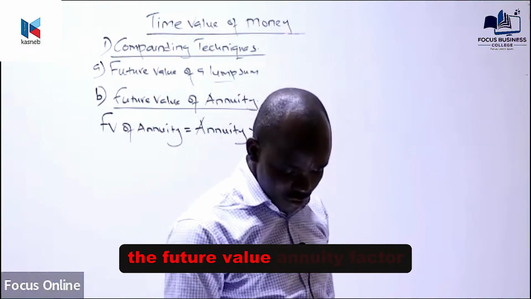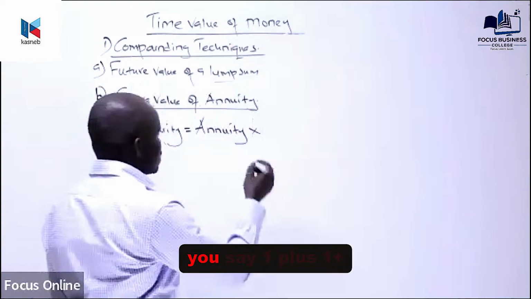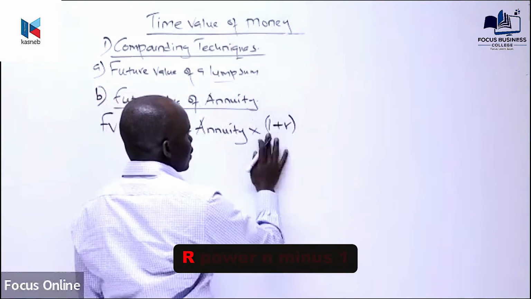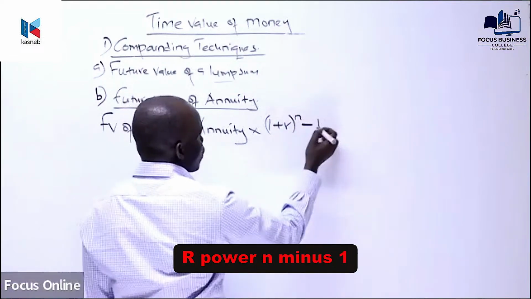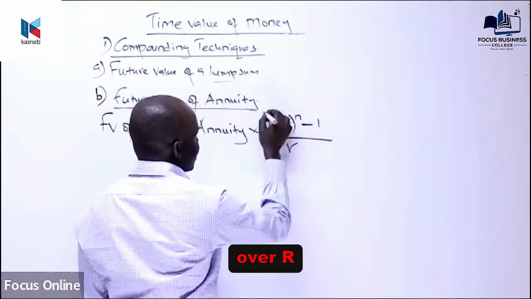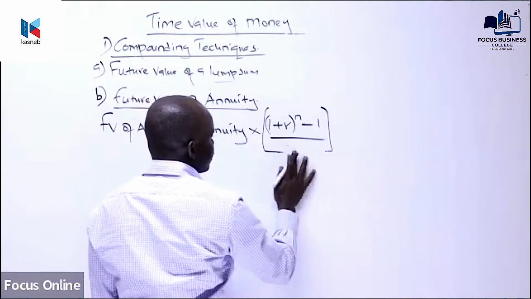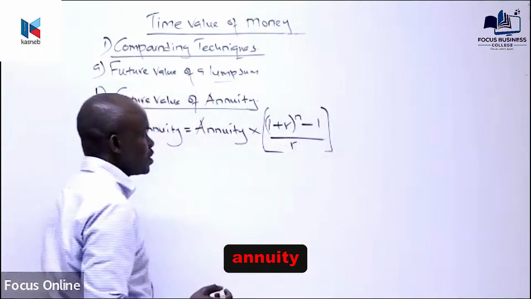The future value annuity factor, you say 1 plus r power n minus 1 over r. That's how we get the future value of an annuity.